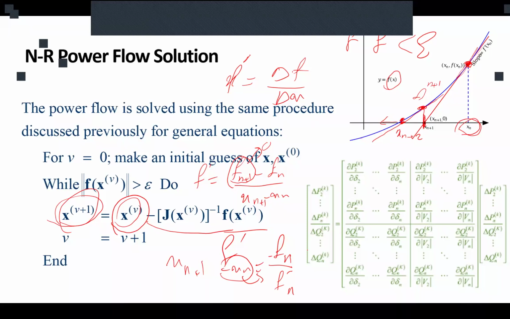In matrix form, how do you show f prime? F prime is the Jacobian matrix, and 1 over F prime is the inverse of the Jacobian matrix. The Jacobian matrix is basically that F prime in the matrix world.